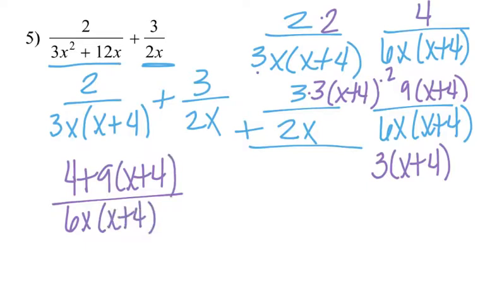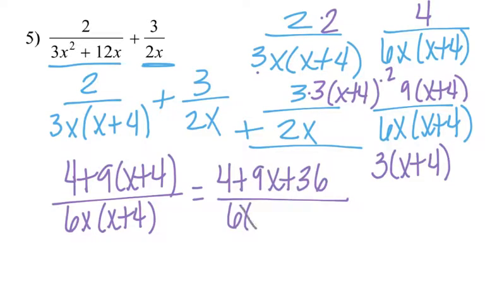So as far as our denominators go, we're not going to do distributive property back out for those again, okay? So keep your denominators factored, but go ahead and simplify the top. So we have 4 plus 9x plus 36 over 6x, times x plus 4.